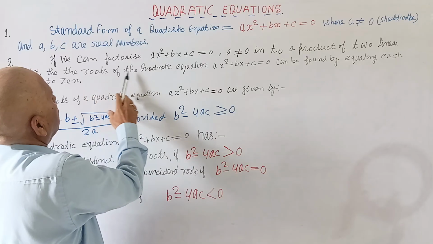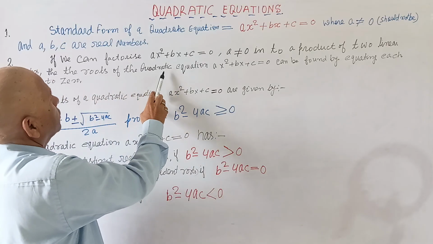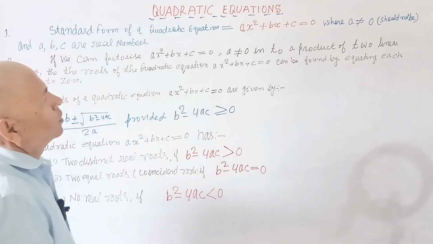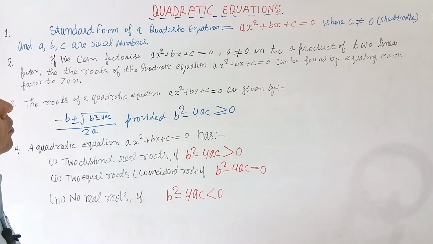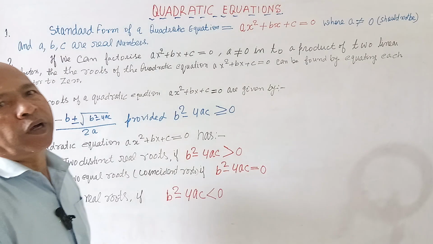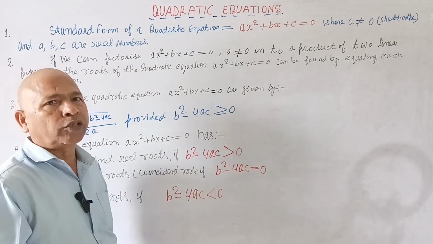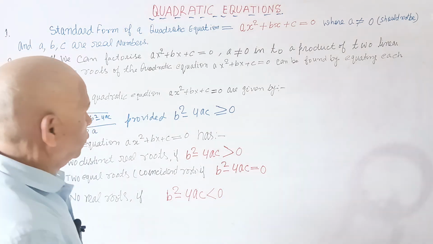The roots of the quadratic equation ax square plus bx plus c equals to 0 can be found by equating each factor equals to 0.